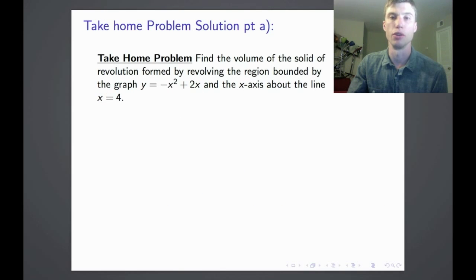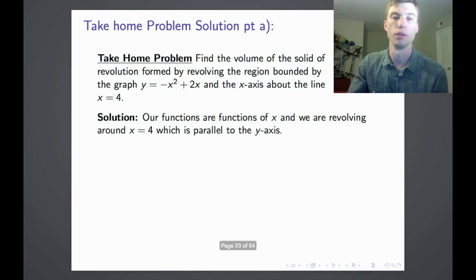Now let's go through each part of the take-home problem. We find the volume of the solid of revolution formed by revolving the region bounded by the graph y equals negative x squared plus 2x and the graph y equals 0 around the line x equals 4.